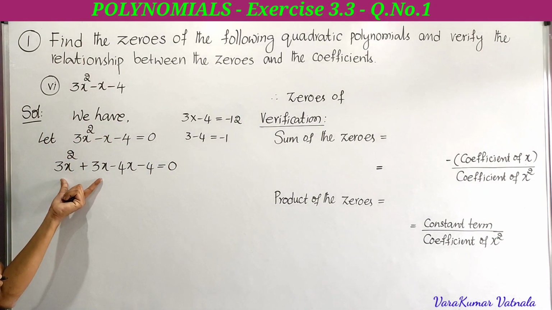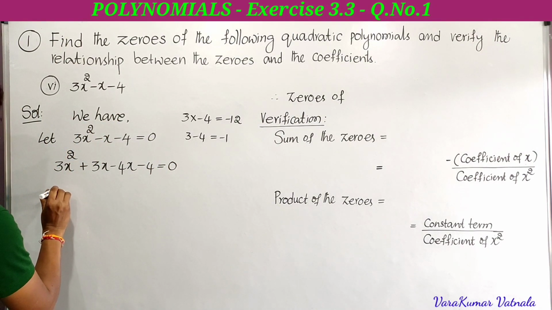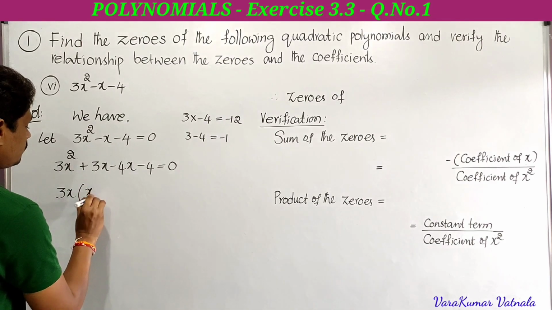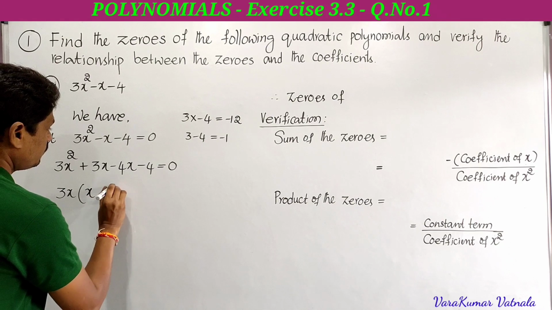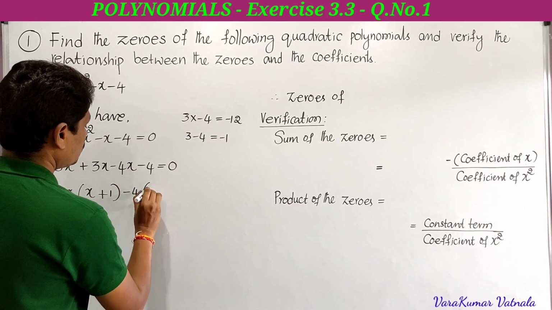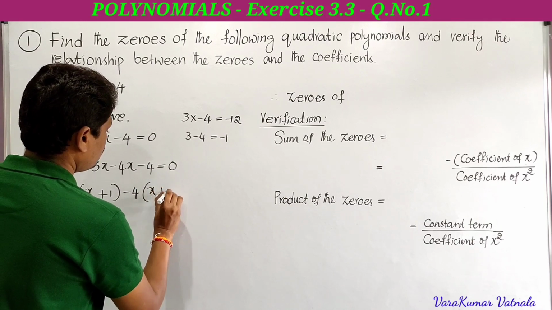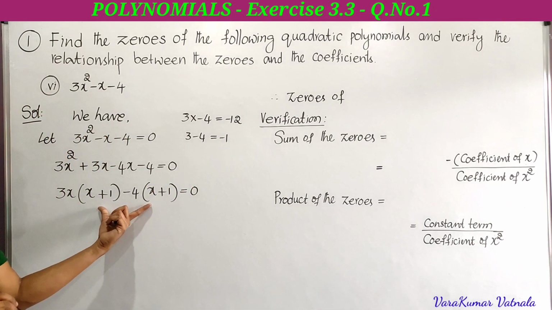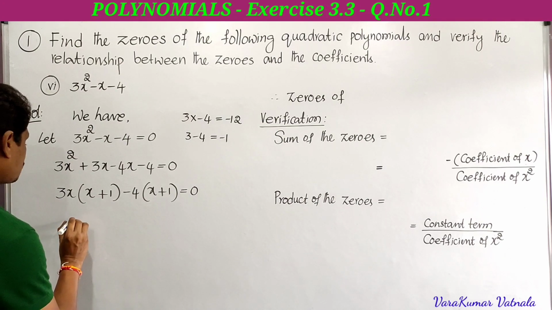So in these two, 3x is common. So I am writing 3x as common. So here only x will be, here plus 1 will be. In these two, minus 4 is common. So here x will be, here plus 1 will be, equals 0. So in these two terms x plus 1 is common.